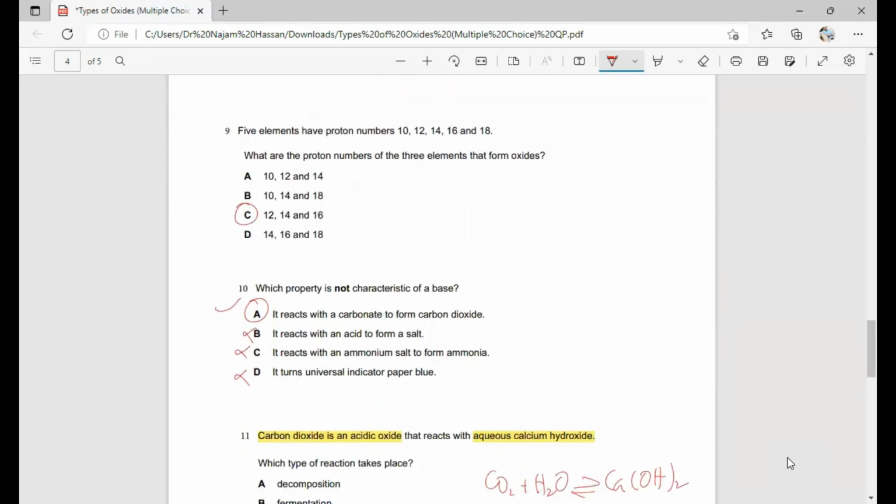Now, five elements have proton numbers 10, 12, 14, 16, and 18. So you can easily determine the names of the elements from the periodic table. Just like element number 10 is a noble gas, this is neon. And element number 12 is Mg, magnesium. 14, this is silicon, Si. 16, this is sulfur. And 18, this is argon.